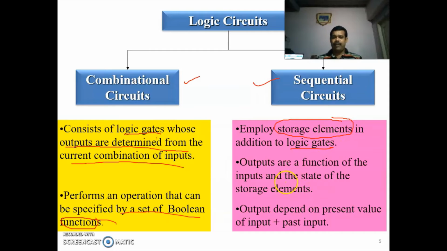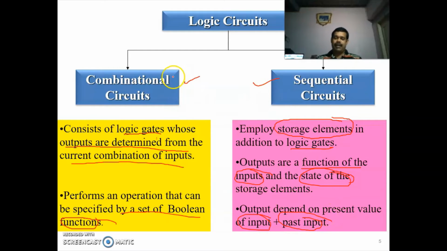In the sequential circuit, outputs are a function of the inputs and the state of the storage elements. Here the output depends only on the present input condition, but in the sequential circuit the output depends upon the present value of input and past input.